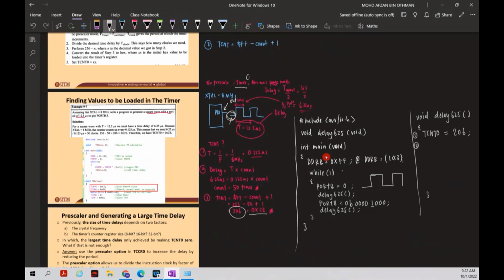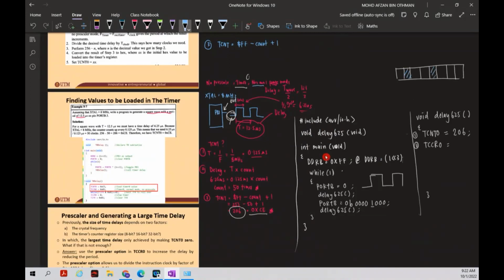Okay, the second step, what do we need to do? The second step, you need to set your TCCR0. Recall back, this is your TCCR. So TCCR0, since we are using a normal mode, bit 6 and bit 3, where is bit 3?